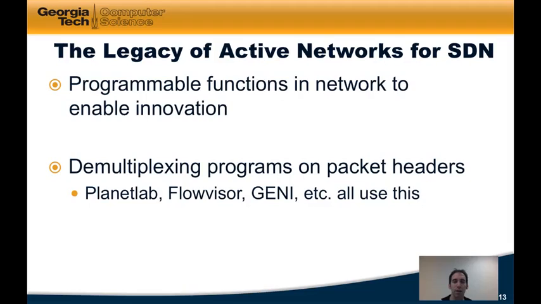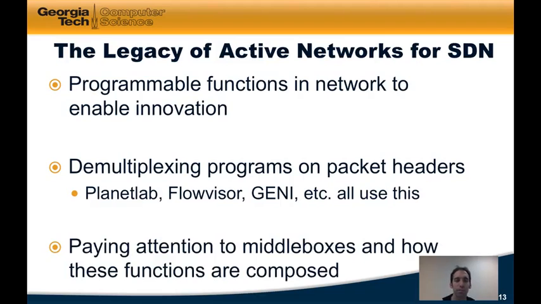The second was the programmable switch approach, where switches would actually carry code, or code could be installed on switches, and then the packets or values in the packet headers would determine how those packets would be demultiplexed into the correct code block. That idea actually came from active networks, and we've seen it over and over again in projects like Planet Lab, FlowVisor, Genie, even now all the work talking about how to integrate SDN with middle boxes. It all has roots back into this idea that came from active networks.